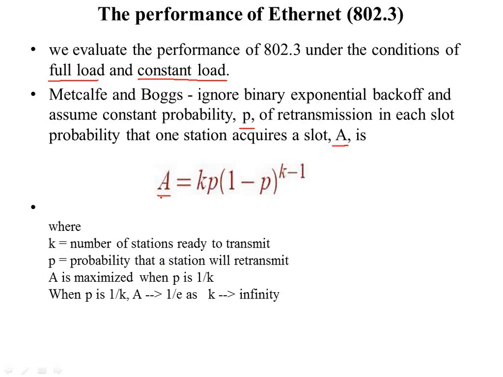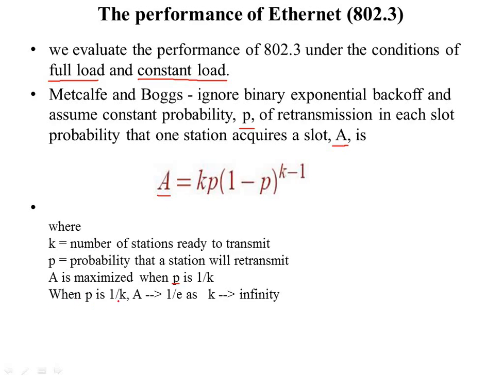Now when A will be the maximum, that means when a certain station will acquire a slot, when this probability will become maximum, it is when P is equal to 1 upon K. At that time this will become approximately equal to 1.